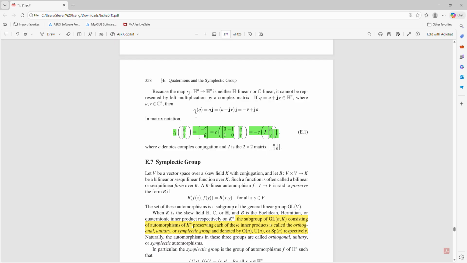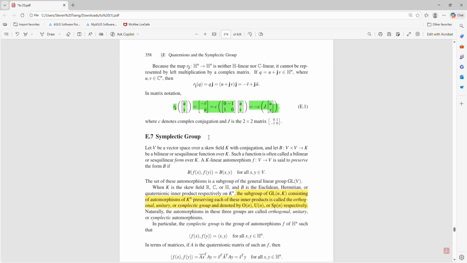So we can observe that R_j q is equal to this, minus V bar plus j mu conjugate. In matrix notation, we can easily get this form.